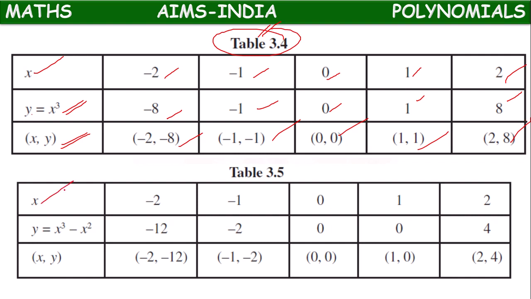And for the second equation, y equals x cube minus x square: at x equals minus 2, minus 2 whole cube minus minus 2 whole square is minus 12, so the point is (minus 2, minus 12). In the same way, (minus 1, minus 2), (0, 0), (1, 0), (2, 4). Like this, we have constructed tables for the first equation y equals x cube and the other equation y equals x cube minus x square.